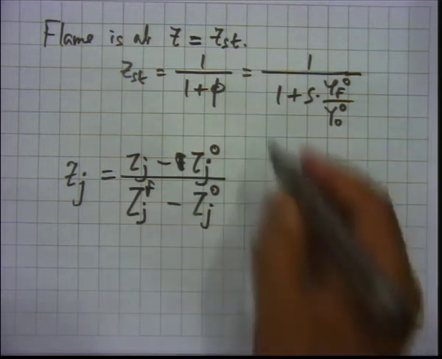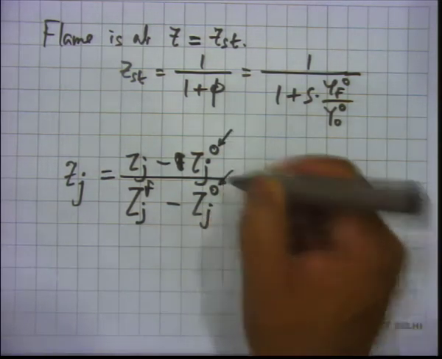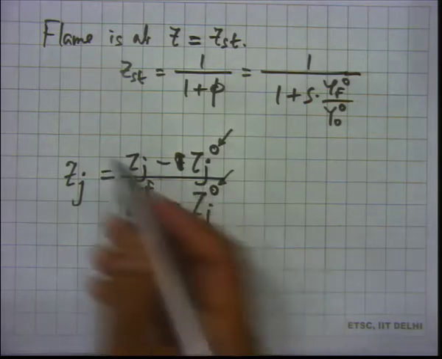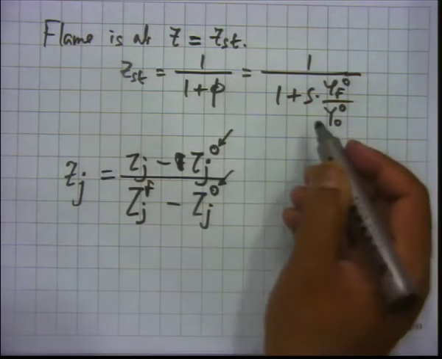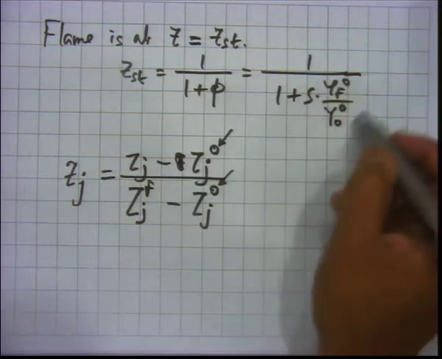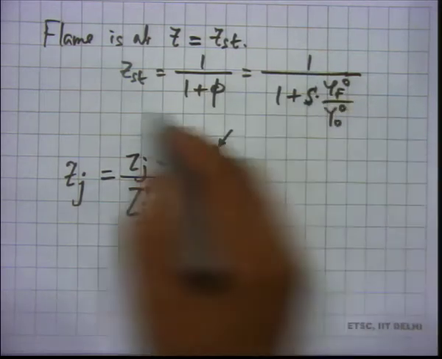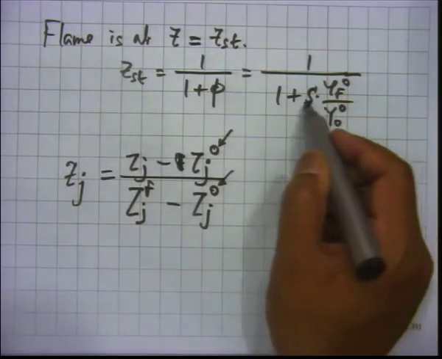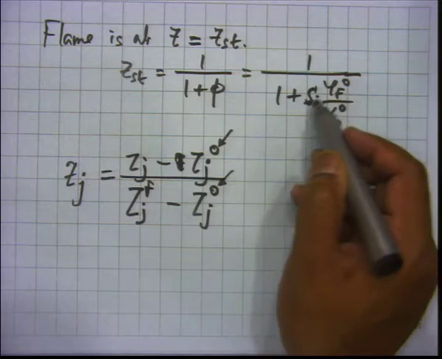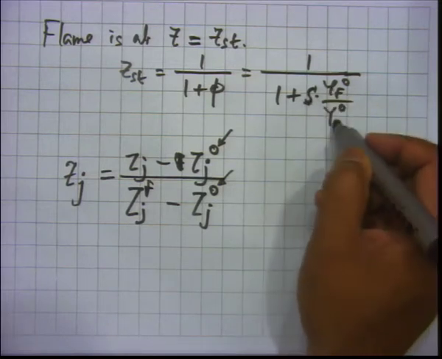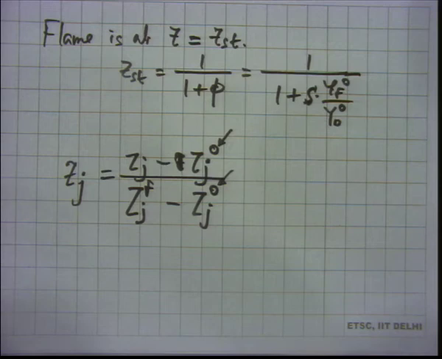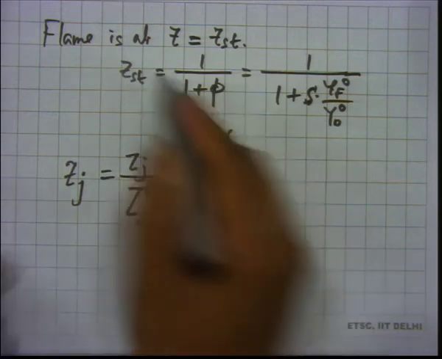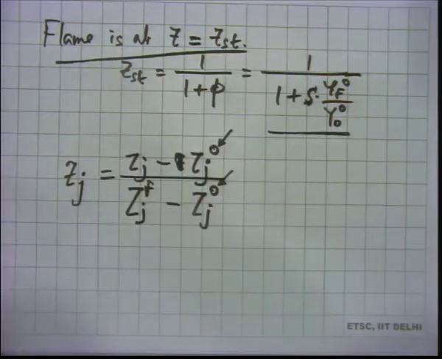So, we were using these values in the streams. That is how we got the zeros here, and finally after some work we saw that this z at stoichiometry is related to s YF naught by YO naught, and this is nothing but phi. So, the flame is at this position, which is given by this.